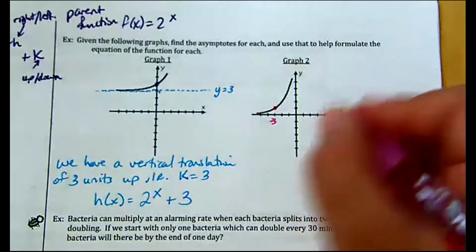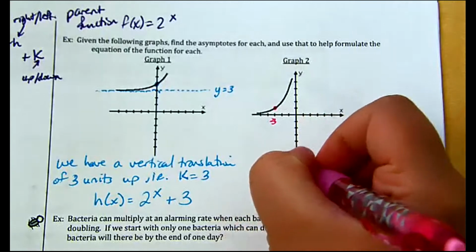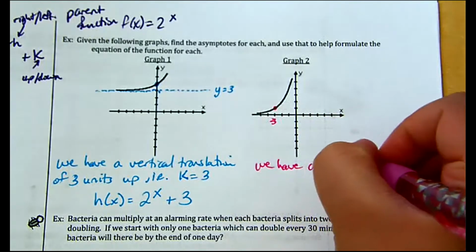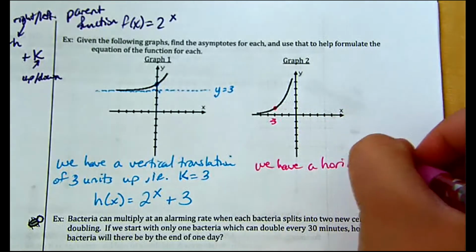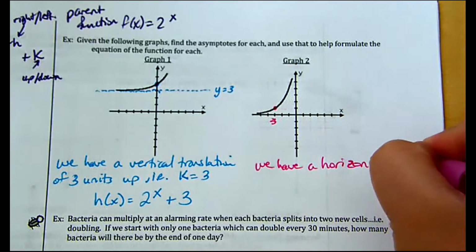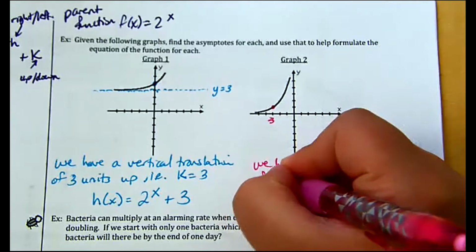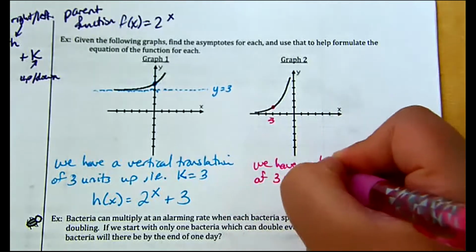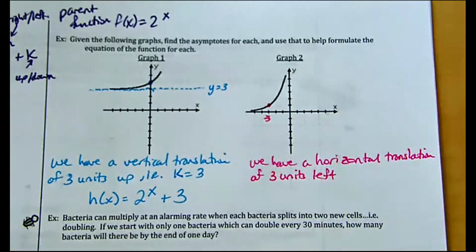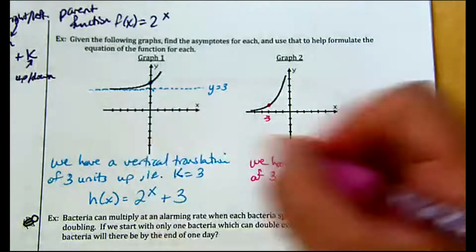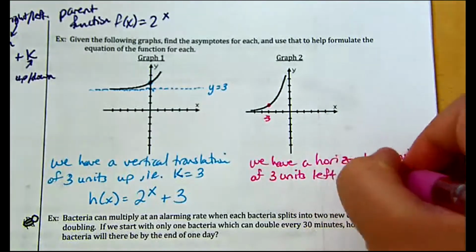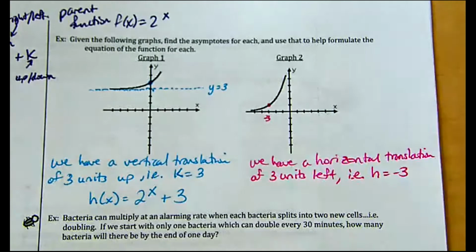So we have a horizontal translation of 3 units left, which means our h is equal to negative 3.